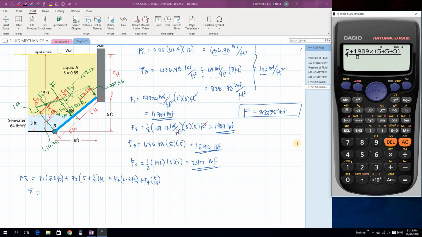Okay, then plus F3 natin is 15,912. Moment arm natin is 2.5. Then plus F4 is 2,400. Moment arm natin is 5/3. Then, lahat yan will be over ng total hydrostatic force natin na 32,235.